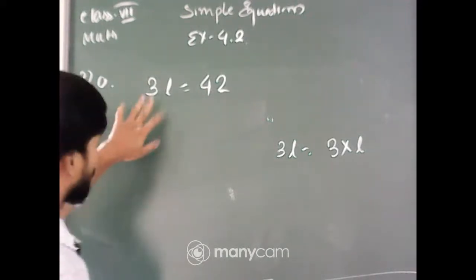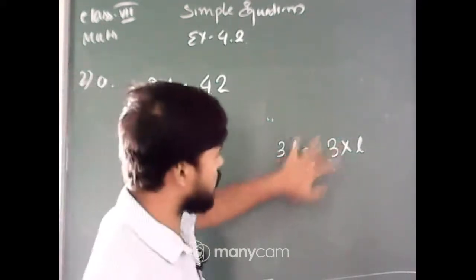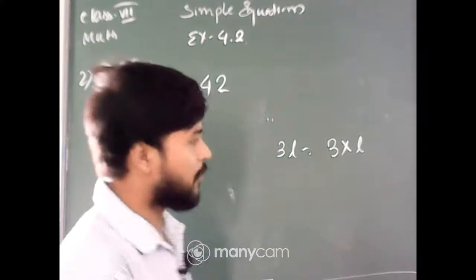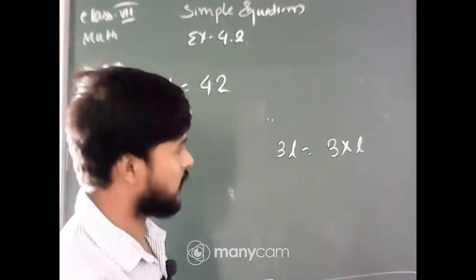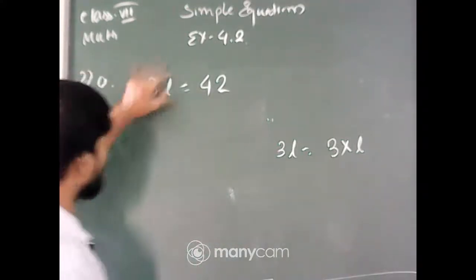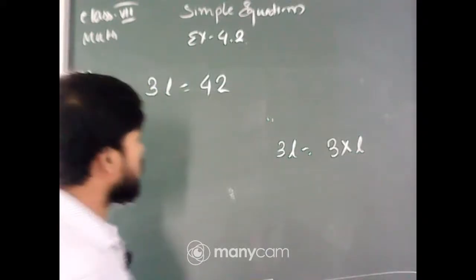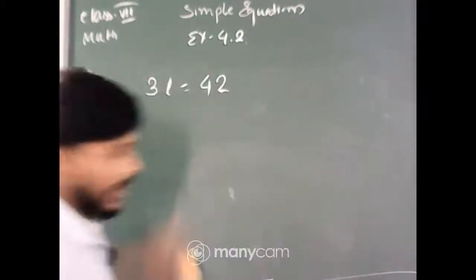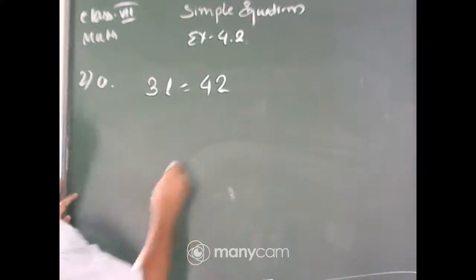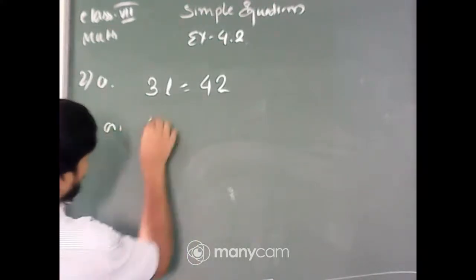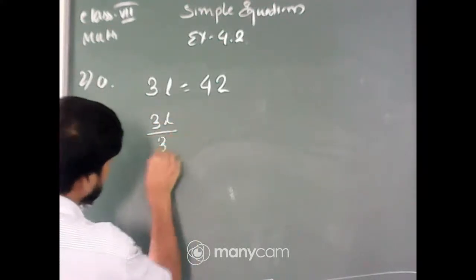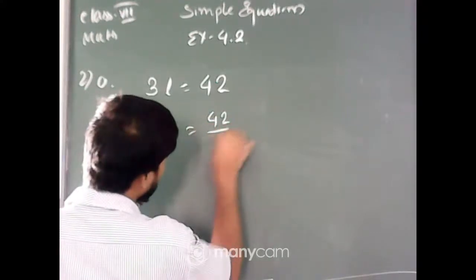Now look, to remove this multiplication, what do we have to do? We have to divide it by 3. So to remove this 3 from the left hand side, we have to divide by 3, so 3L by 3 is equal to 42 by 3.